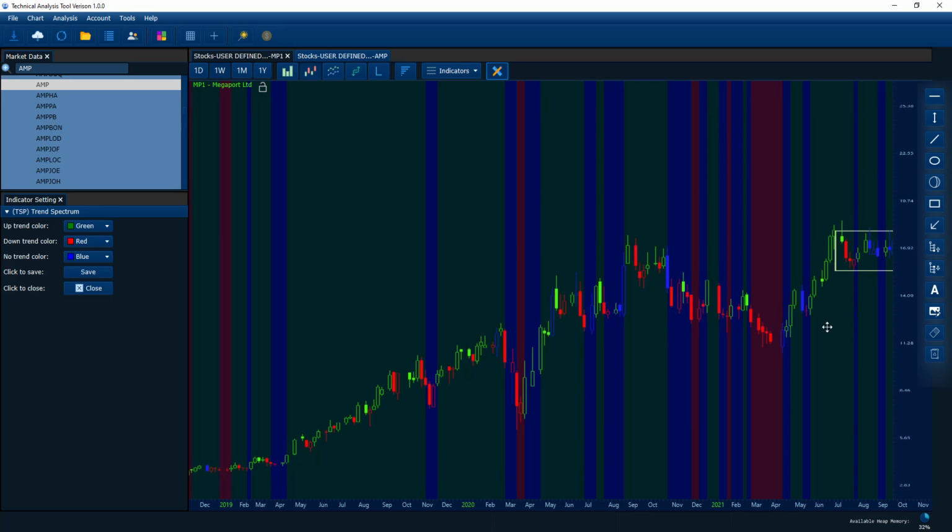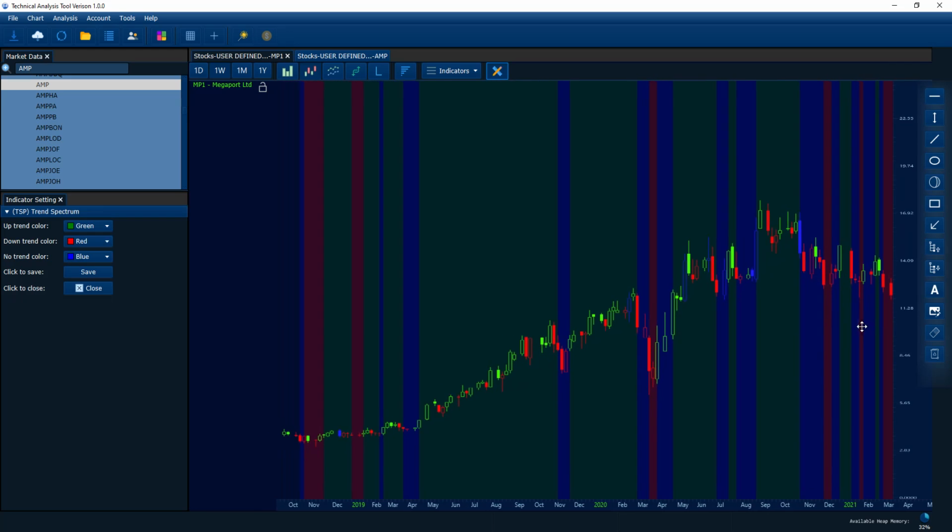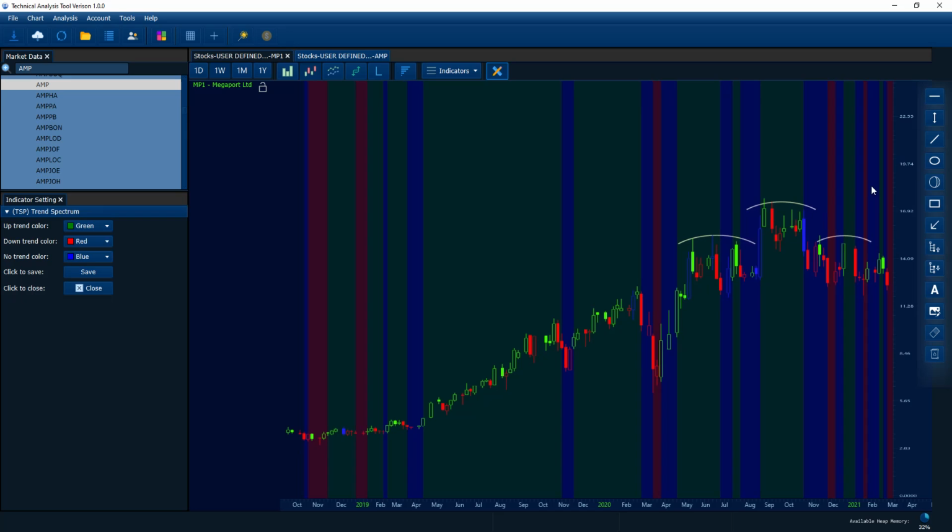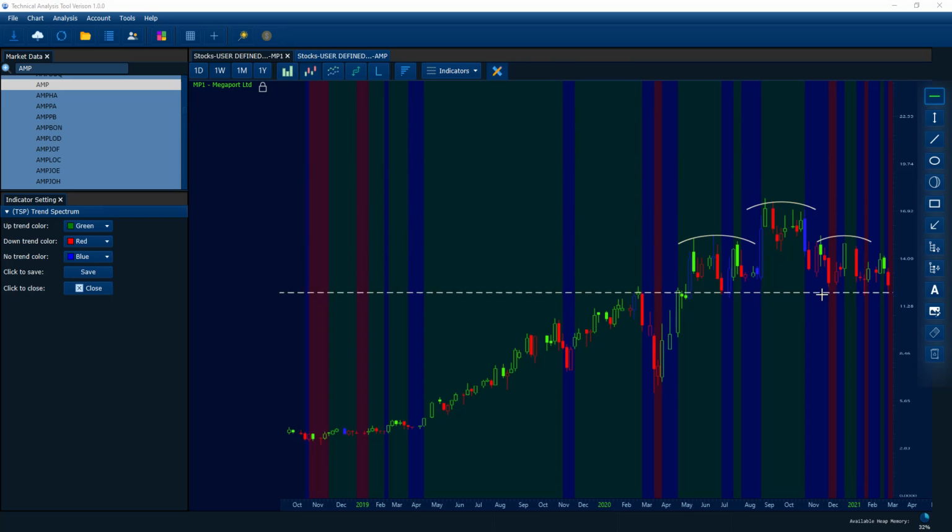In here, for example, it looks to me like a head and shoulders pattern unfolding. It looks like this is the right shoulder, not very obvious, but you can draw a support line here. Let me draw carefully.